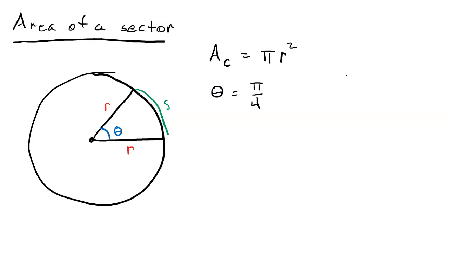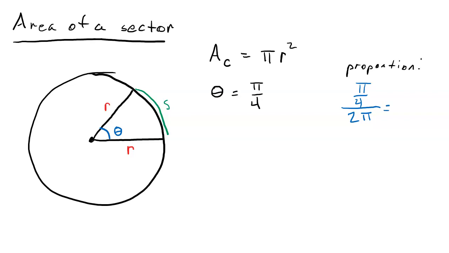Proportion, let's just write that out. So we have pi over 4 over 2 pi.